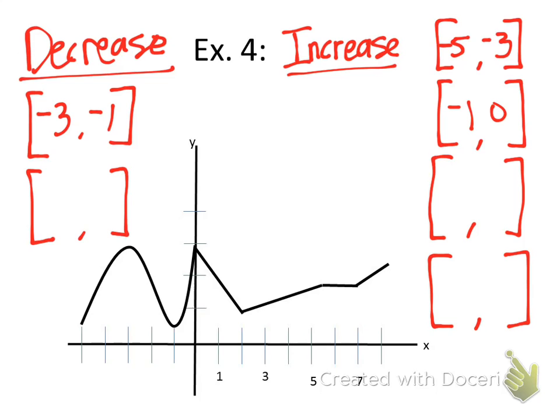Everyone's checking their neighbor's work, right? And then from 0 to 2 we have another decrease. And then watch carefully, from 2 all the way to 5.5 we have an increase.